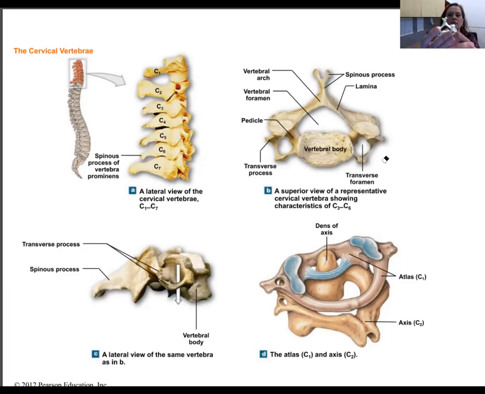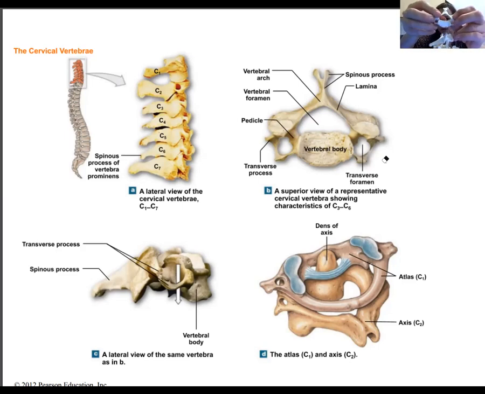These sides right here and here, those are called your transverse processes. I forgot to tell you this big area right here. This big area right here is your vertebral body that my finger's rubbing around. Then you have the 2 necks. These necks are going to be your lamina. This arch right here is your vertebral arch. This big spinous thing right here, that's your spinous process.